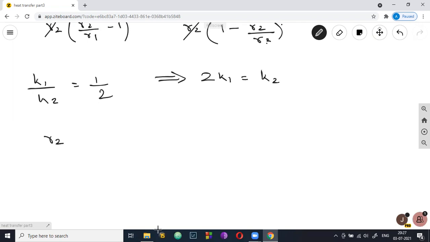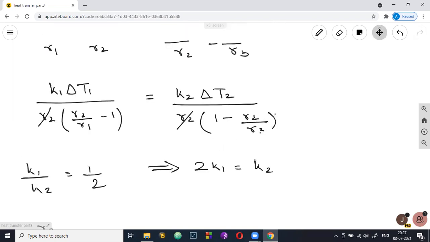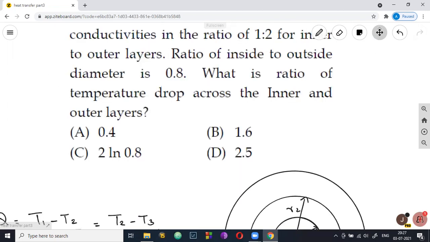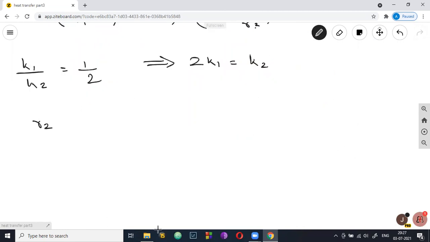Next. Outer radius, or what is given to us? It is actually the ratio of inside to outside diameter. Now, inside diameter of the first sphere is R1 by R2. Inside is R1, outside is R2.